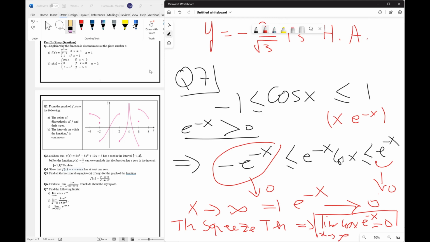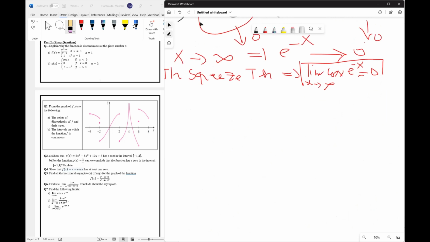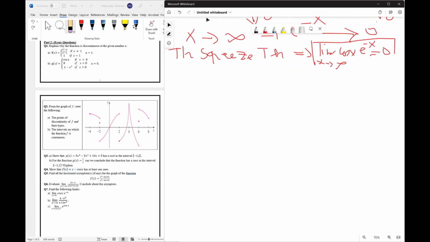Okay, now I will go to question B. This is A, by the way. And for B, I will compute the limit at infinity. So I will do the same strategy of factoring the dominant term. X approaches infinity. So I will put exponential x as common factor in the numerator and in the denominator.